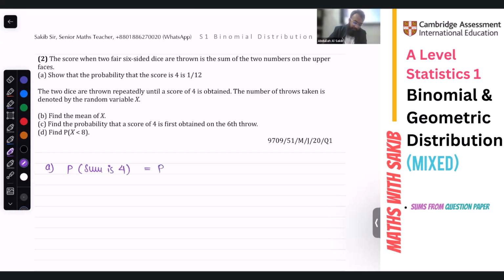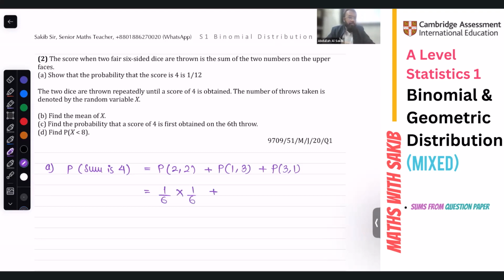So how to get the sum? You are throwing 2 fair dice and the sum will be 4. So what are the cases? Either it will be 2, 2 or 1, 3 or 3, 1. Clear? So what is the probability of having a 2? 1 by 6 times 1 by 6.